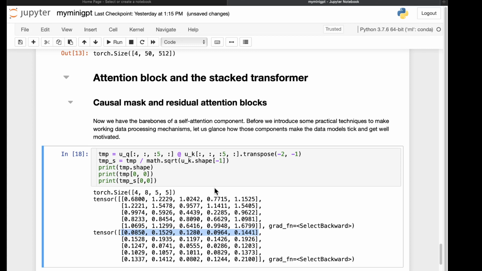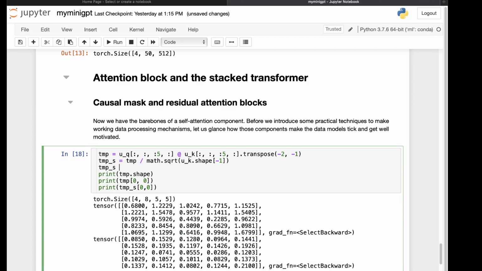The implementation is in this way. I think I have the functional, yes, softmax, and the dimension should be the last one. So now when we have a look at this, this will sum to 1.